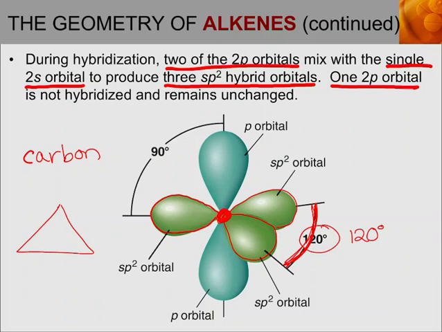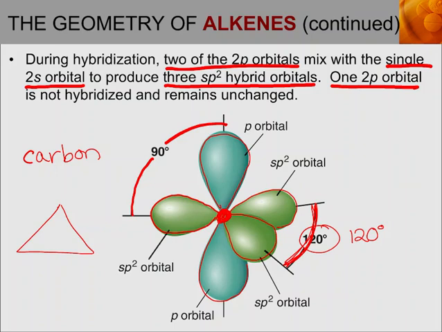Now remember there's that one 2p orbital left, so that's just going to go up and down, above and below the nucleus. And that's going to be 90 degrees from the central hybrid orbitals.